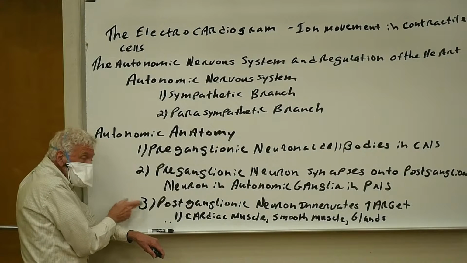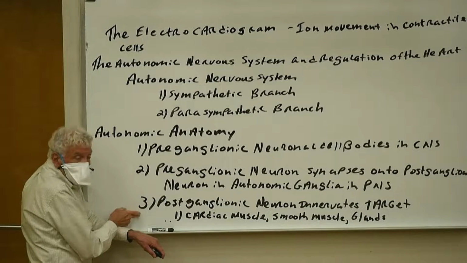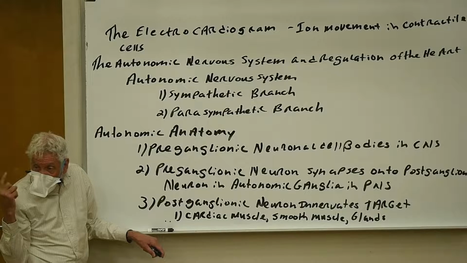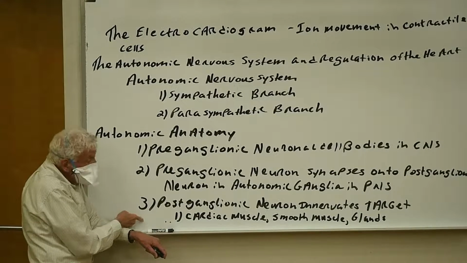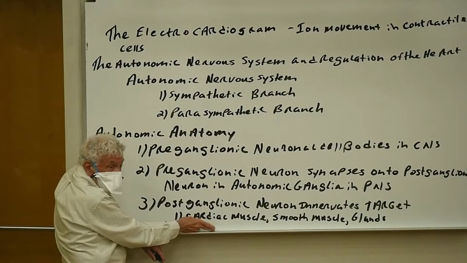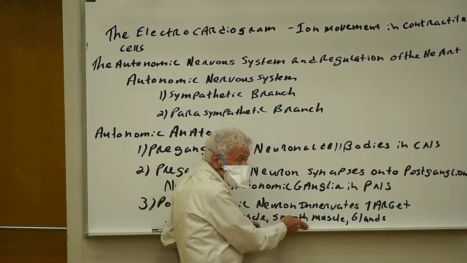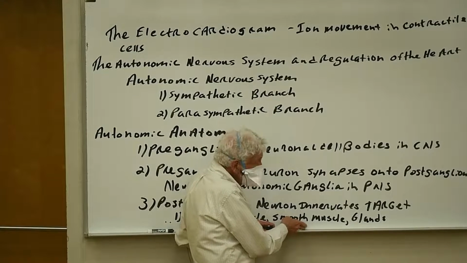Then finally, the third step is that the postganglionic neuron innervates the target. So it's a two-cell chain, preganglionic, postganglionic. The target can be one of three things. The one we're going to talk about here today is cardiac muscle. But it could also innervate smooth muscle, and we'll talk about that a little bit tomorrow when we talk about the smooth muscle of the vascular system.